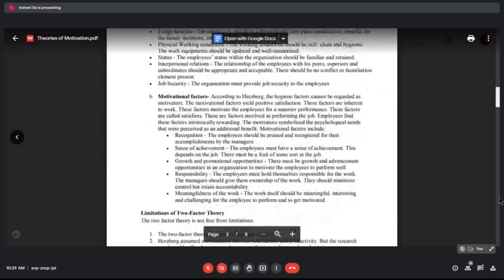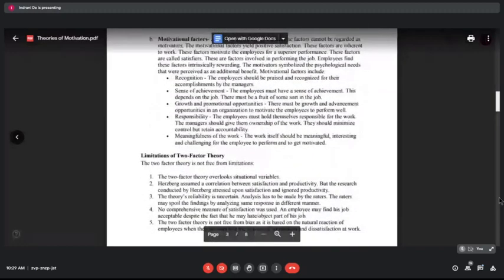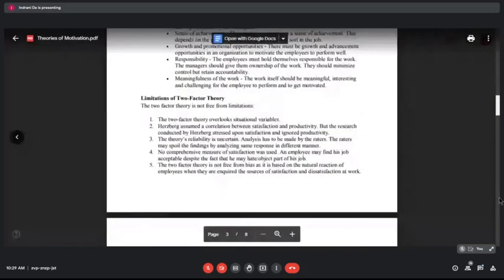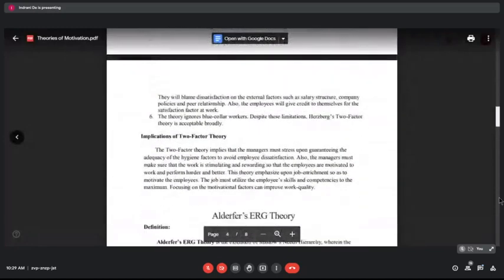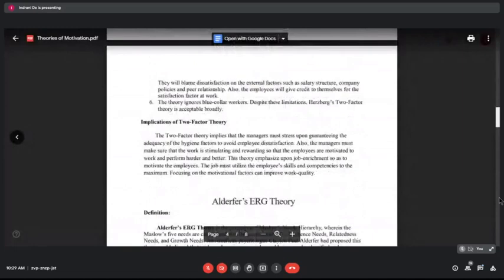Now, when these two things are there, we can say that both the motivational factor and the hygiene factor are important. Why?